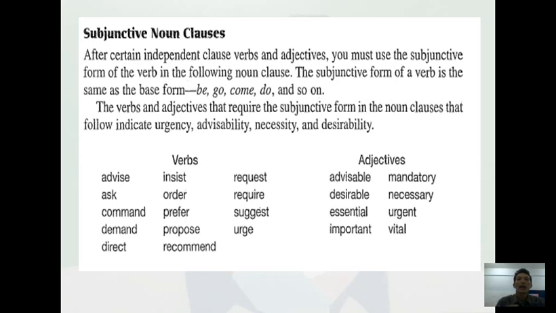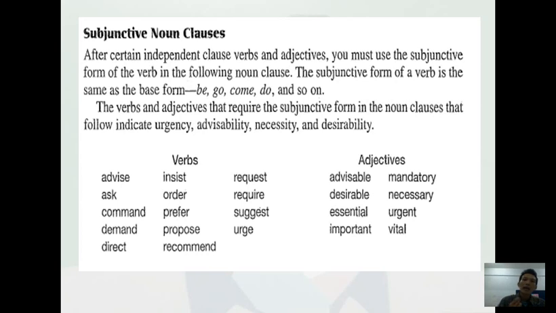The verbs and adjectives that require the subjunctive form in the noun clause that follows indicate urgency, advisability, necessity, and desirability. For example, verbs like advise, ask, command, demand. For example, the Prime Minister advises, the Prime Minister insists, the Prime Minister requests, my parents require, I suggest, they suggest, or I urge, or they propose.